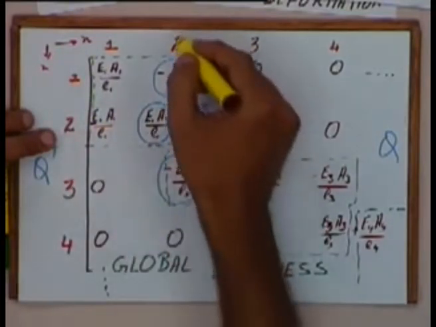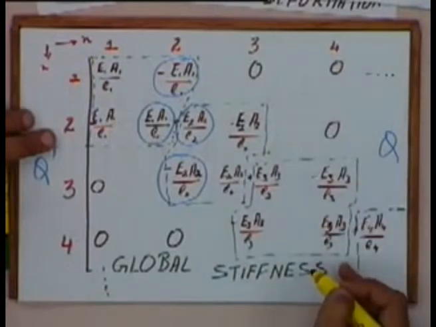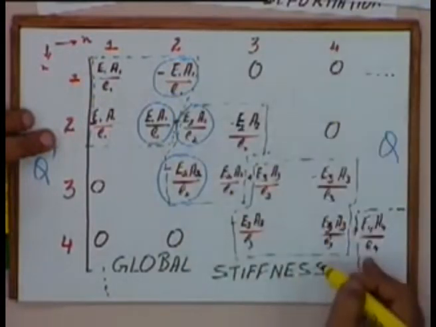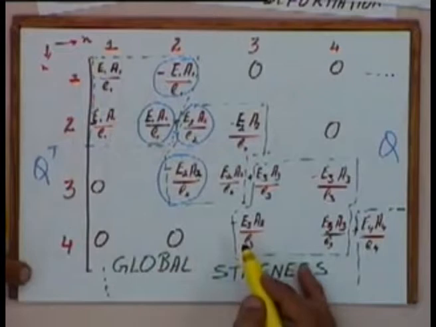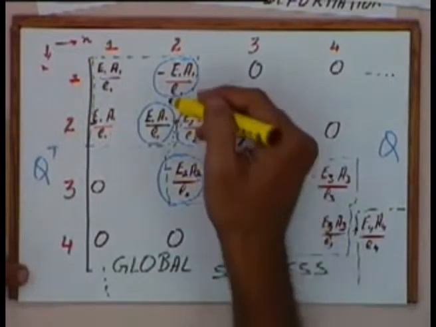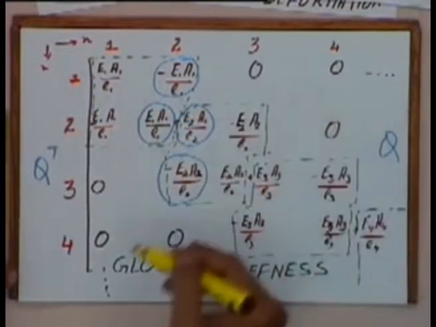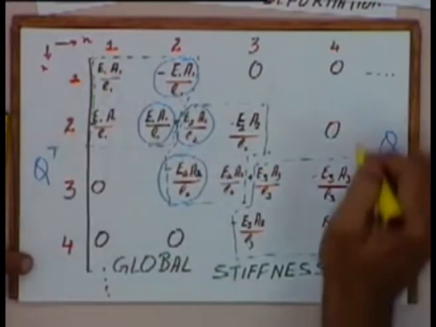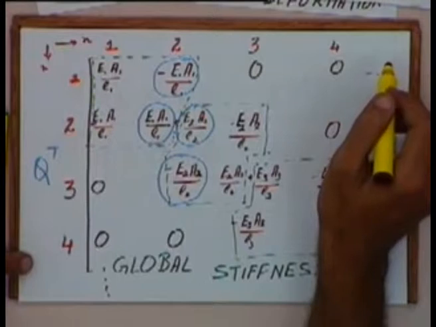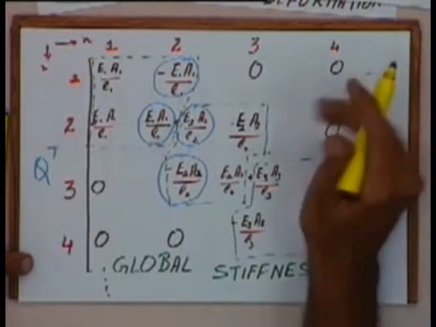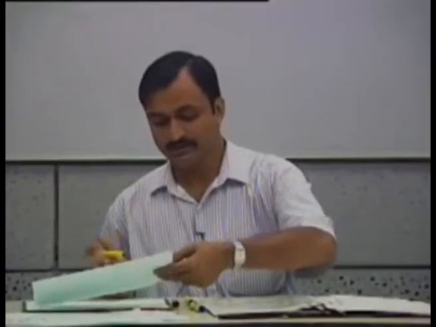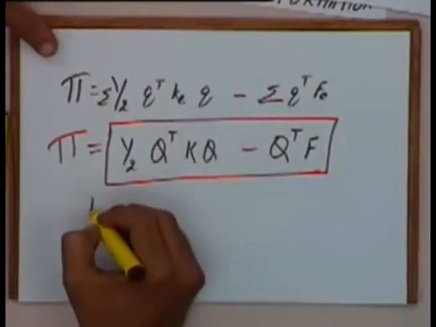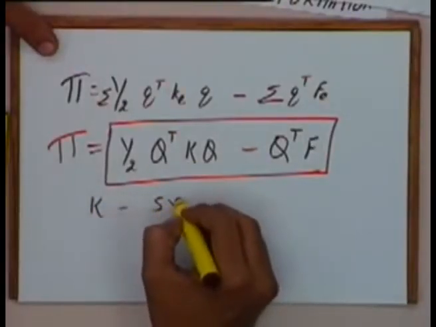So if I take up the ith row and jth row, sorry, ith column and the jth column and the ith row and the jth row, an element defined between nodes i and j will come on the 4 symmetric terms. So the global stiffness matrix is also a symmetric matrix. The first thing that we say is this K is a symmetric matrix.